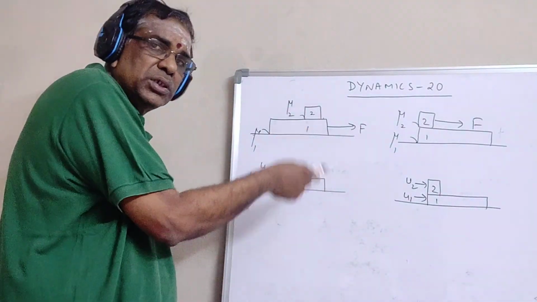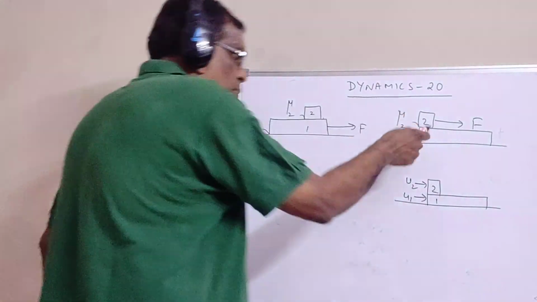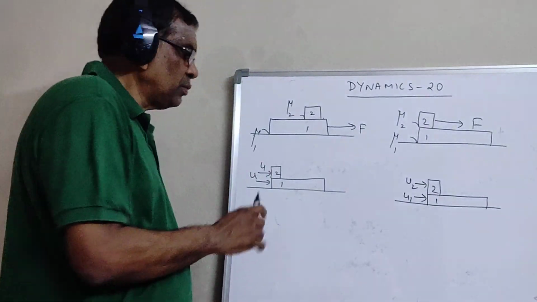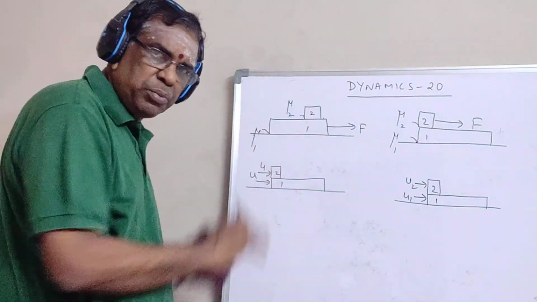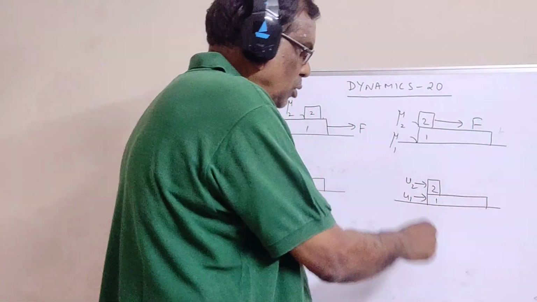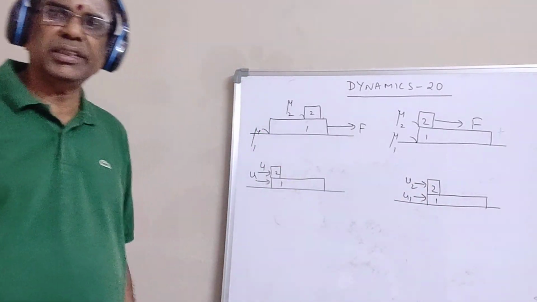Here I'm applying force on the lower body, here I'm applying force on the upper body, and here I'm not applying any force, I'm only pushing it once, and here also at different velocities, same velocities.